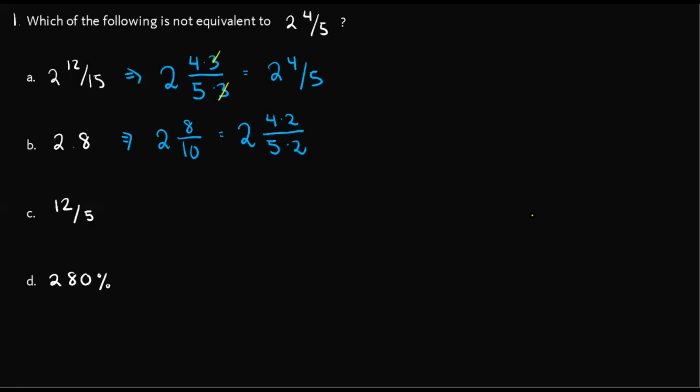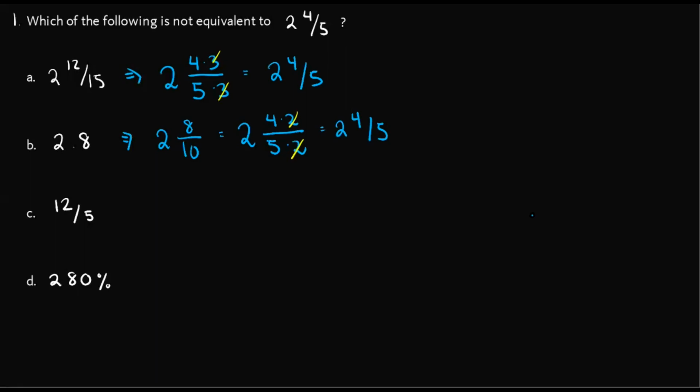So we can again cancel the 2 out here, leaving us with 2 and 4 over 5. So it's again the same as this one. So that is not the answer that we aim for again. How about the third one?